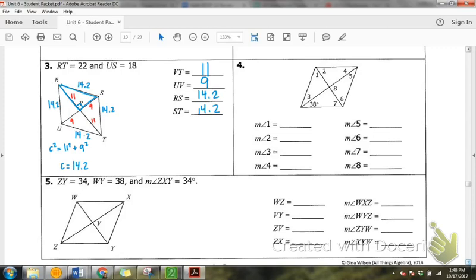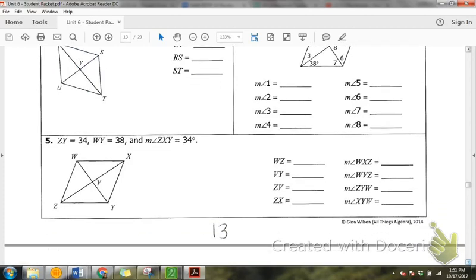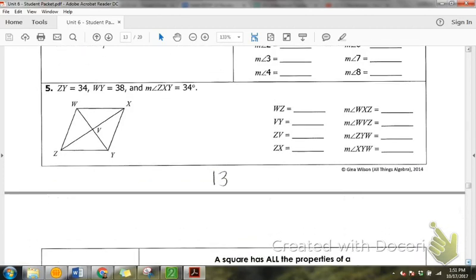So let's do number 5 together. Let's just work with the sides first. Go ahead and label your sides. If there's anything else you know, go ahead and label all that.